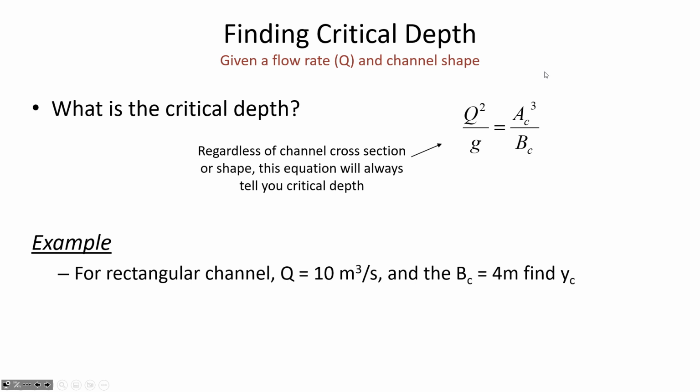So let's just say that we've got a rectangular channel that's got a bottom width of 4 meters. So here's a canal with water flowing through it, 4 meters wide at the bottom, and its flow rate is 10 cubic meters per second.